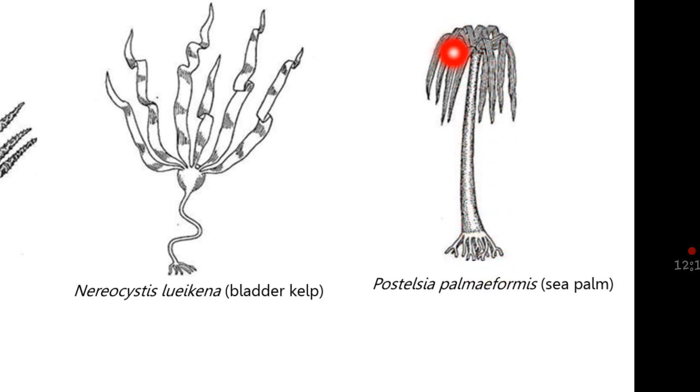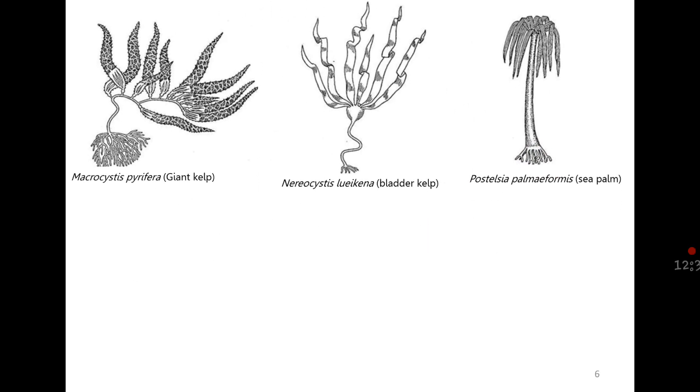Again you will find leaf-like structures, but these are not true leaves, pseudo leaves you can say, isn't it? Lamina, this is stipe, and this is holdfast. So this is another example.